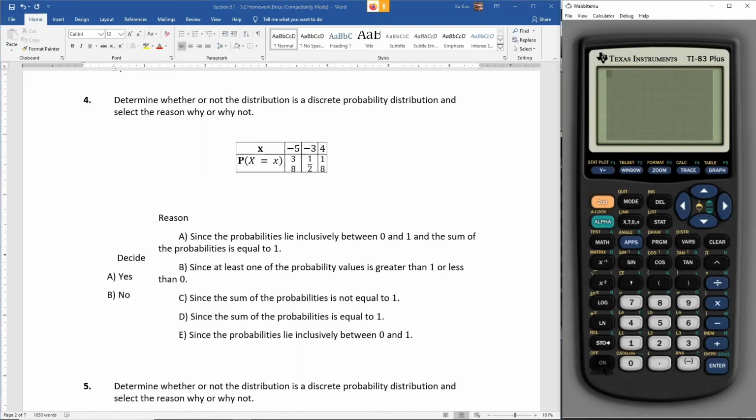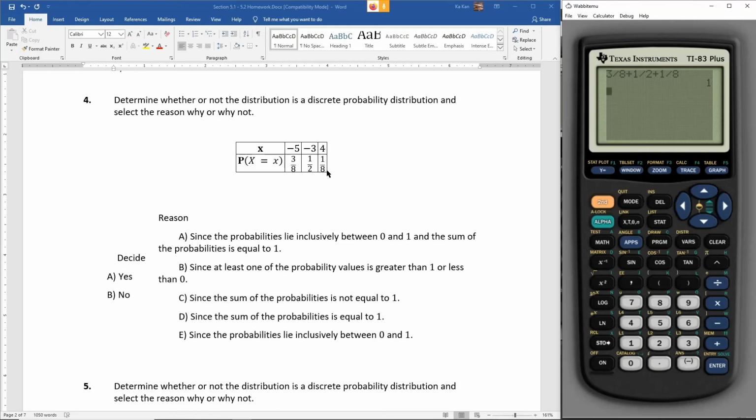So essentially, we'll add 3 over 8, you can do that on a calculator, plus 1 over 2 plus 1 over 8 to see if this equals 1. Yes. Why? Because you want the sum to be 100%. 100% is 1. If it's not 1, that means it's not complete.